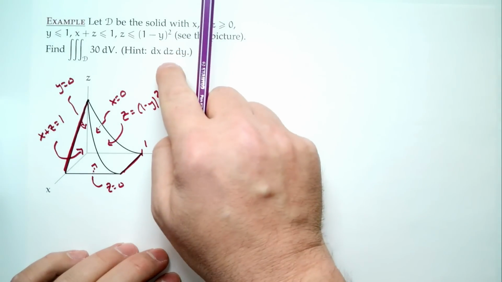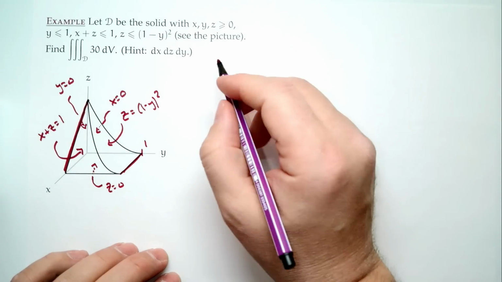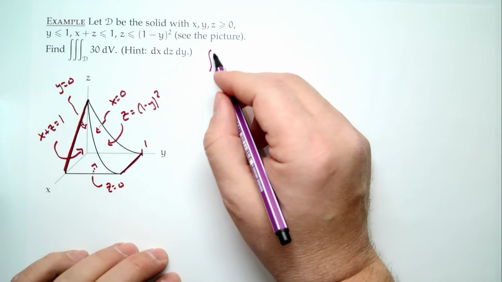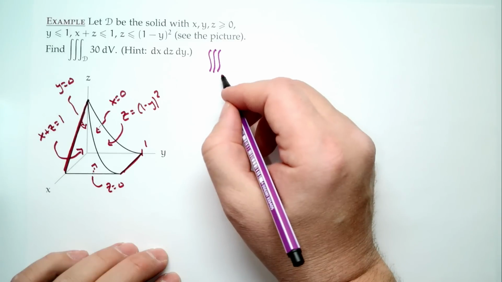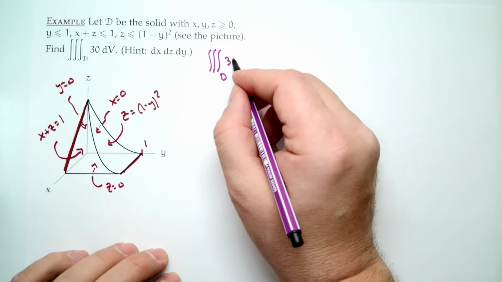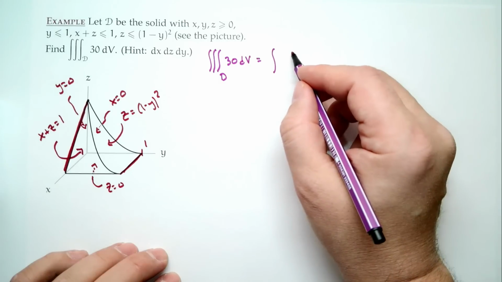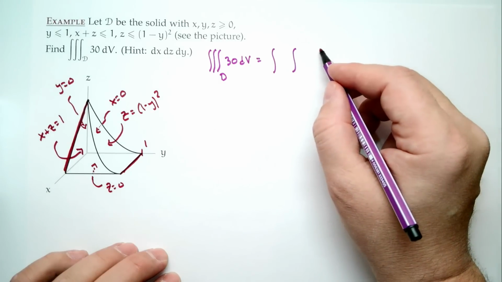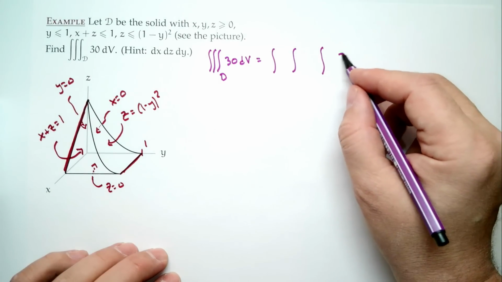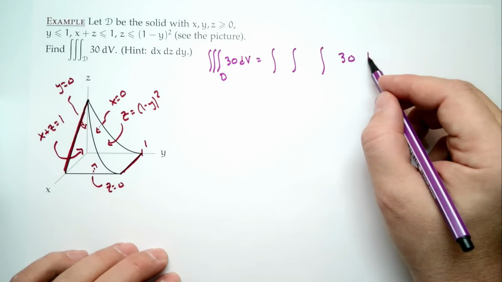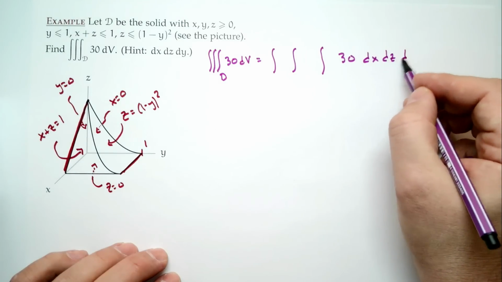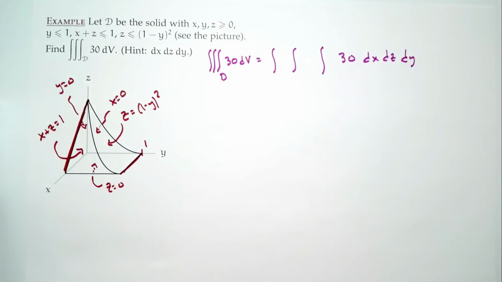But there's a hint, and I'm going to go on the faith that the people who wrote this problem care about us, and so they wouldn't give us a bad hint. So we're going to go with their hint. So our dV is dx, dz, dy. All right, so a slightly different order.